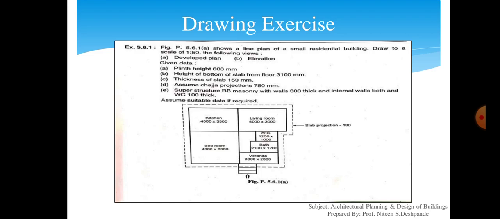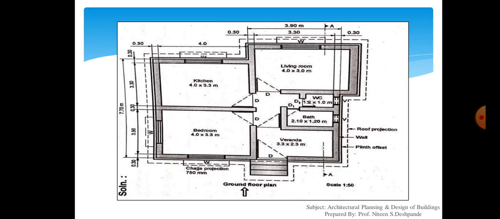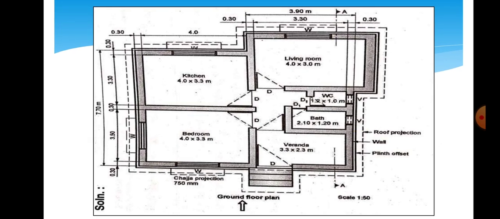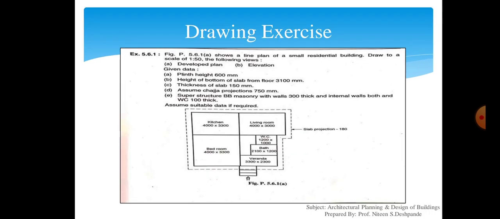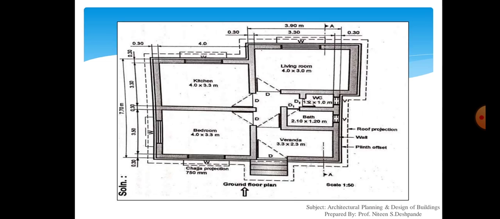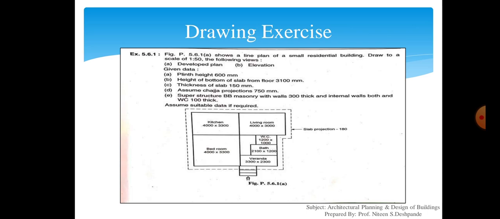Here you can see the dimensions given in the line plan were rough dimensions, but when we draw this plan to a scale, then we will come to know the actual dimensions. First you need to convert to a scale.